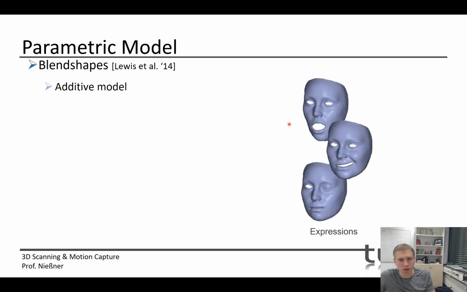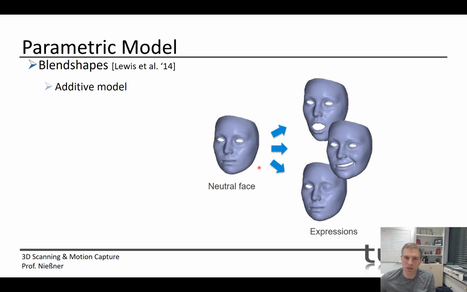Well, assuming you have a bunch of expressions, first of all, it adds the expressions, right? That's the first thing. And this additive model, instead of modeling a PCA basis over all of these independent ones, the idea is you're starting out on a neutral face first.